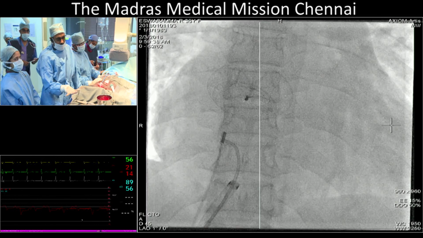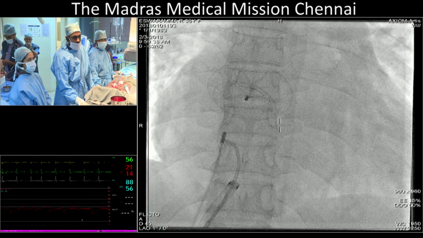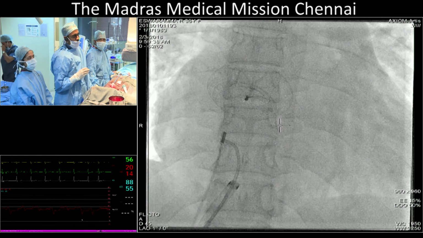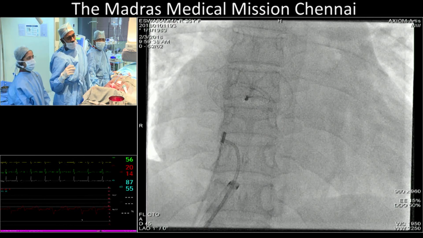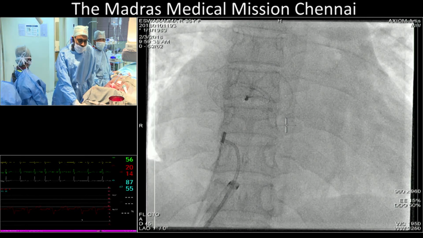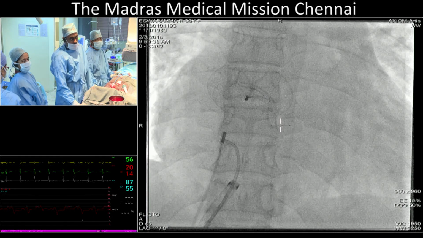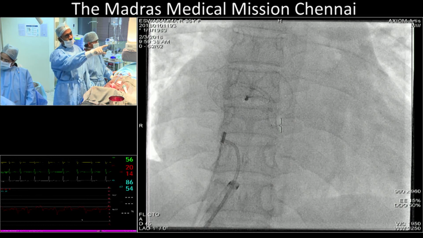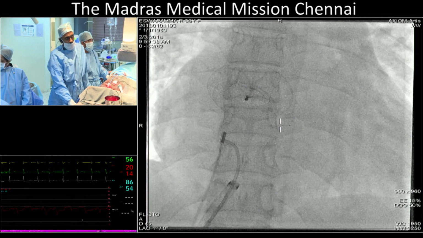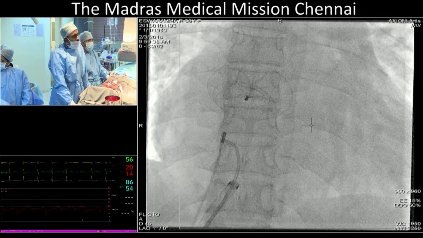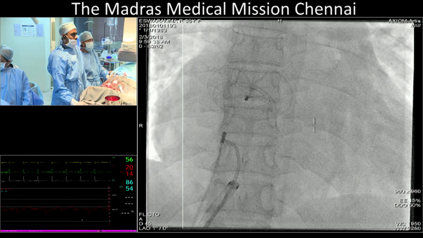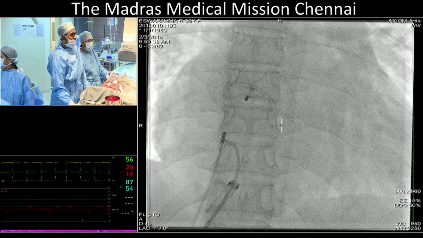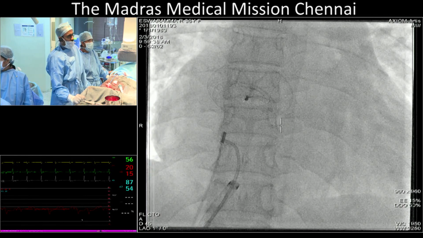The longest patency is in a patient at 3 years, and it is still patent. The patient has moderate pulmonary artery hypertension, around 60 to 70 PA pressure even now, and is on a pulmonary vasodilator as well. The problem in this particular patient is possibly drug-induced sinus suppression. See, she is still in a junctional rhythm. She has not come back to a stable sinus rhythm. It's not atrial fibrillation, it is junctional rhythm.